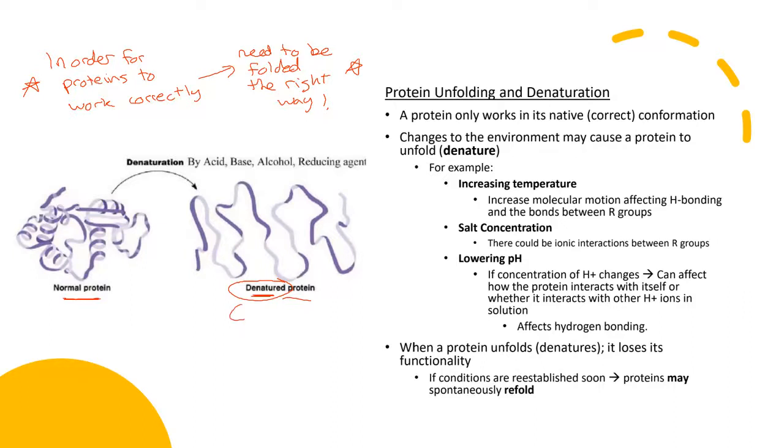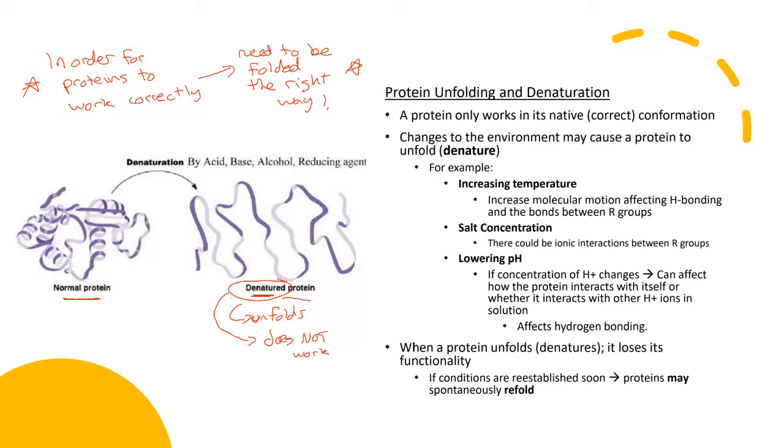It unfolds. And when it unfolds, is it going to have the right conformation to do what it's supposed to do? It's not. So a denatured protein technically does not work. It no longer has the structure to meet its function.